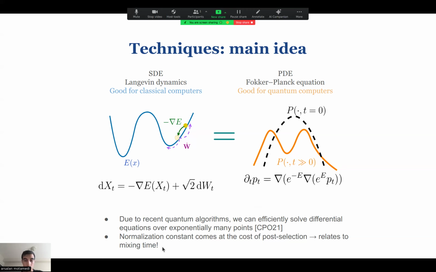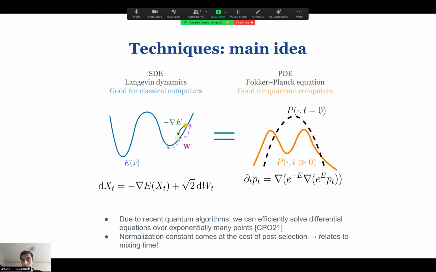Now the second bullet point here: the normalization constant Z is provided to us by the quantum universe. Every state should be normalized, right? So if you prepare something, you know that it should be normalized.